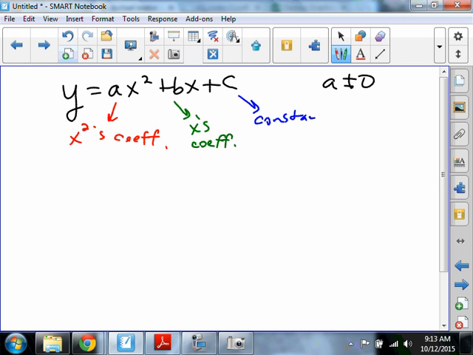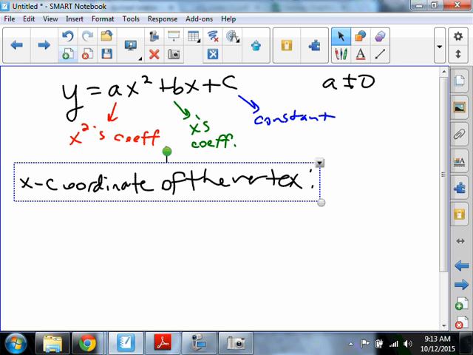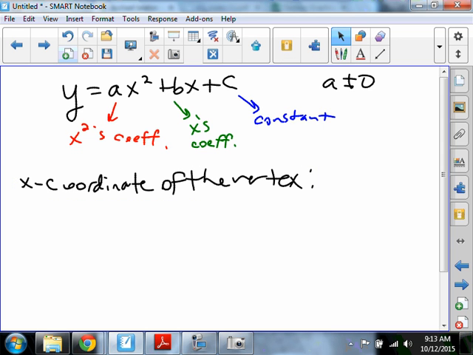Okay. So do you remember what we talked about when we said the x coordinate of the vertex? What variable we used? Not b. Not h. H is the one. So when we're talking about the x coordinate of the vertex, it's the variable h, right?